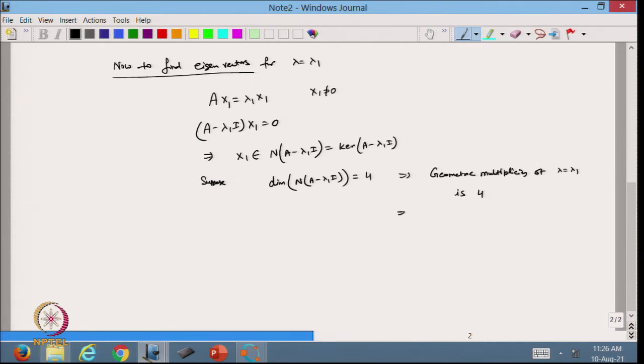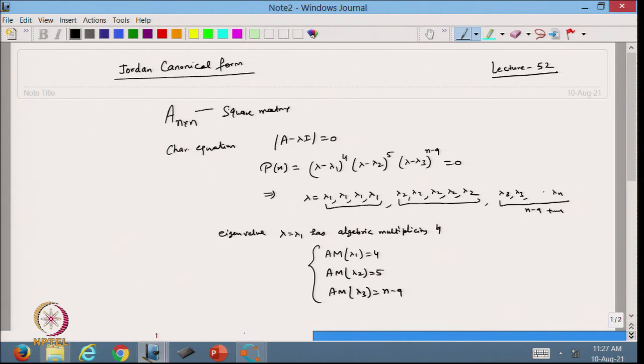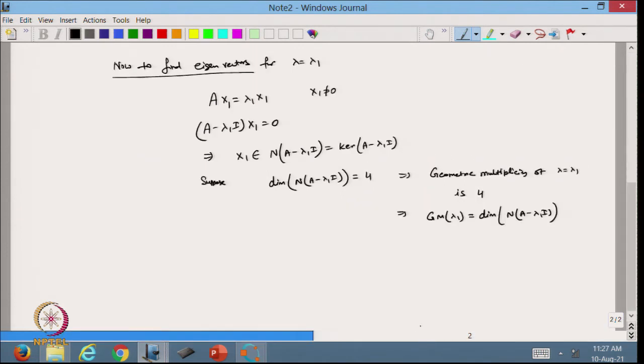So, the geometric multiplicity of eigenvalue lambda 1 is equal to the dimension of the null space of A minus lambda 1 I. Here the algebraic multiplicity of lambda 1 is 4, and I also assume that its geometric multiplicity is also 4.